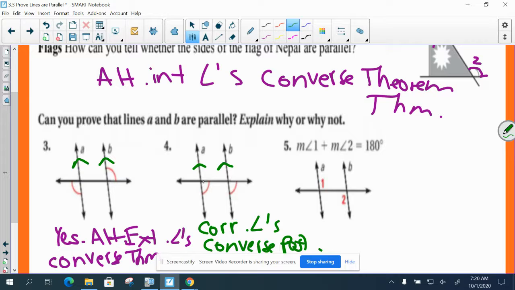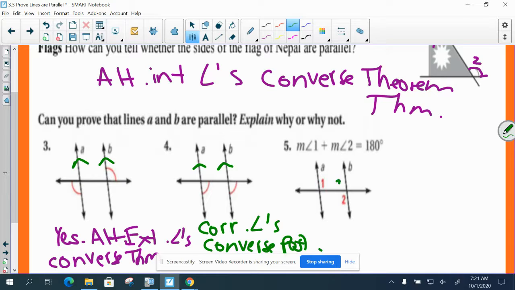And the same thing here. Notice it is not marked parallel, but since we know that the corresponding angles are congruent, then by the converse postulate, we can say the lines are parallel. Here, the measures of angle 1 and 2 are supplementary. Well, those are alternate interior angles. Alternate interior angles are supposed to be congruent in order for lines to be parallel. It's the consecutive interior angles that should be supplementary.